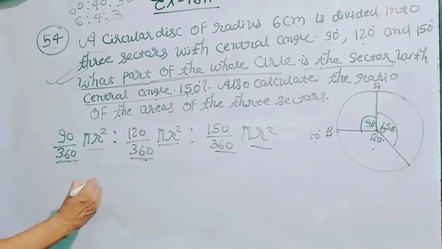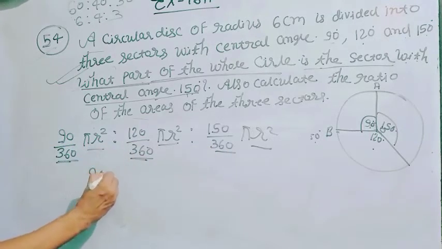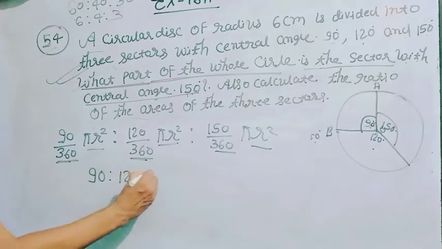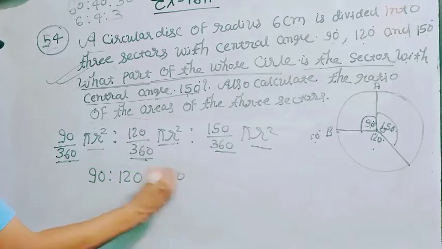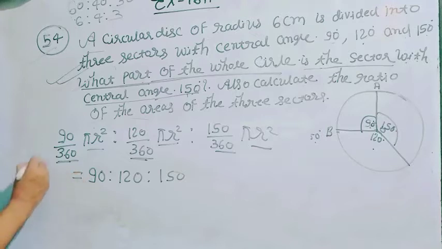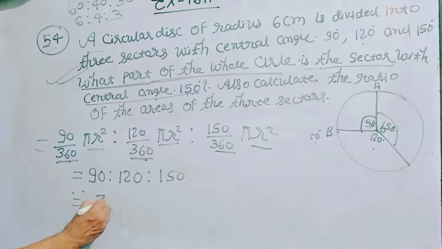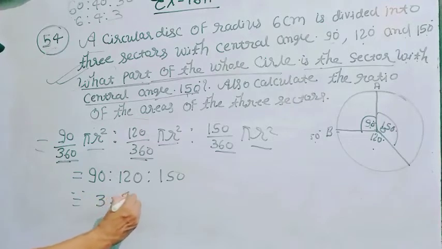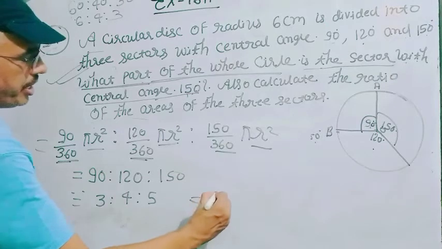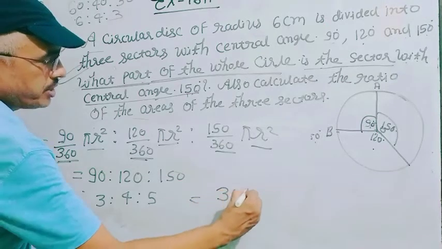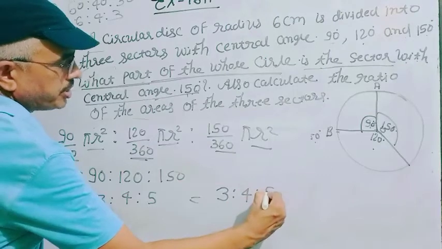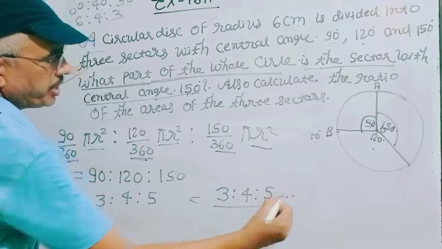So first remove them, then you get only 90, 120 and 150. Then the next common factor among them is 30: 30 times 3 is 90, 30 times 4 is 120, and 30 times 5 is 150. Then it is clear the ratio of these 3 parts is 3 ratio 4 ratio 5.